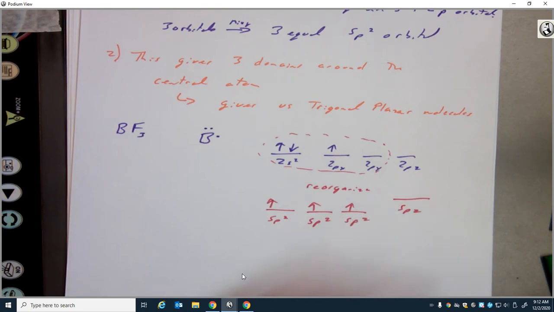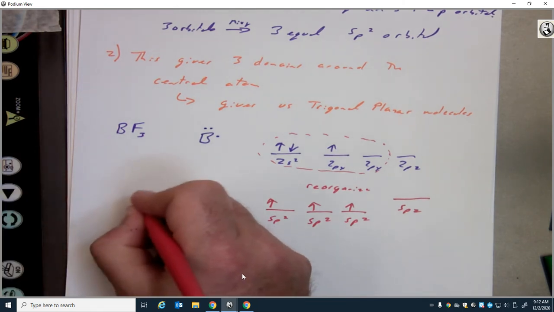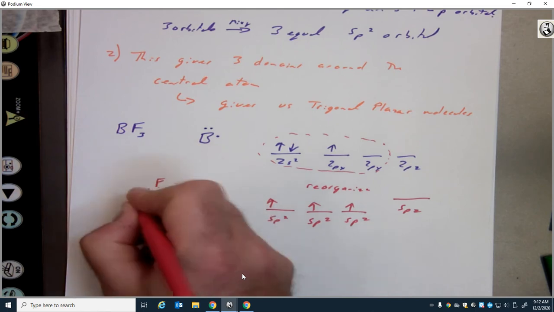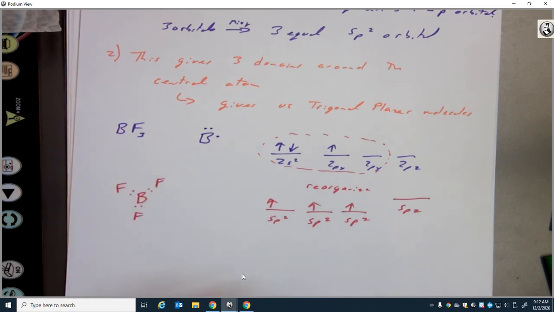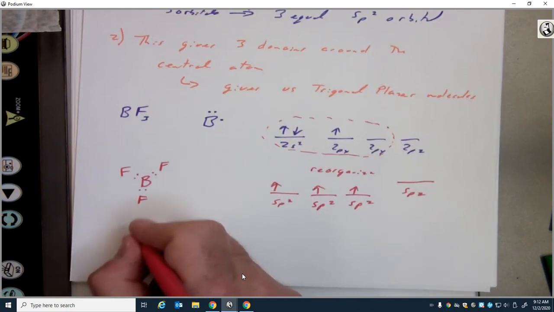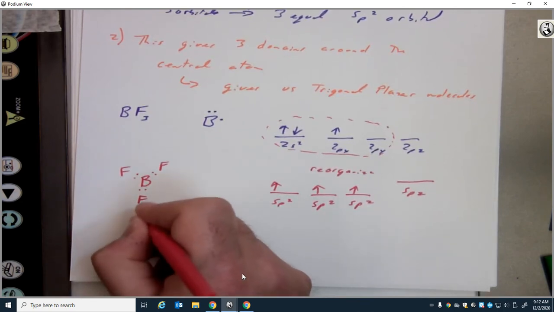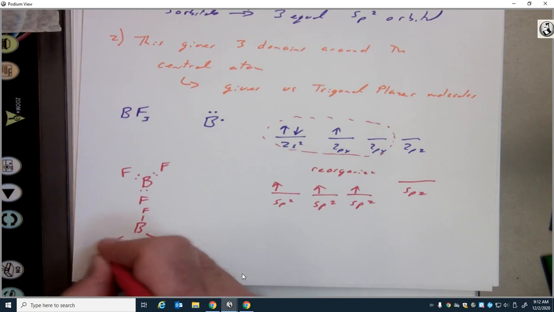We would have up, up, up. Now we can see that boron is going to make 3 bonds, and that's going to give us that trigonal planar shape.